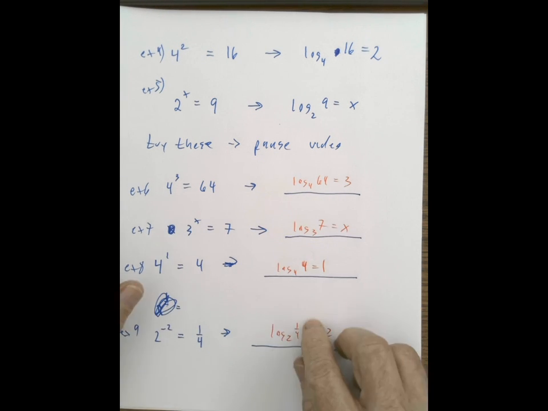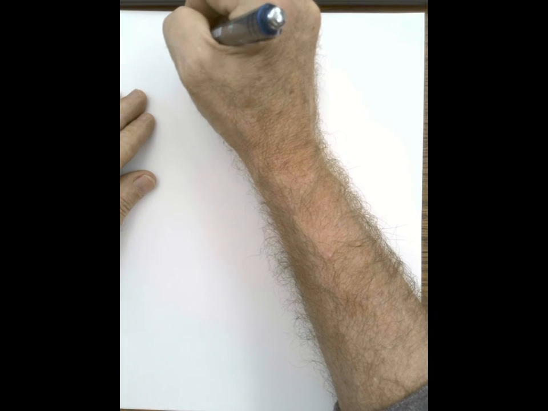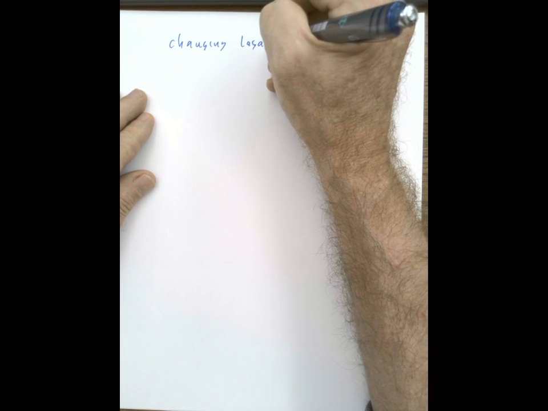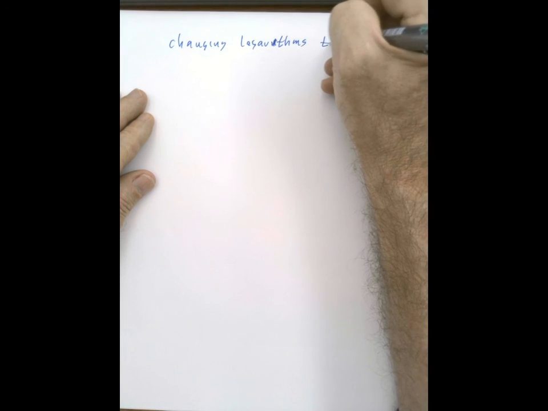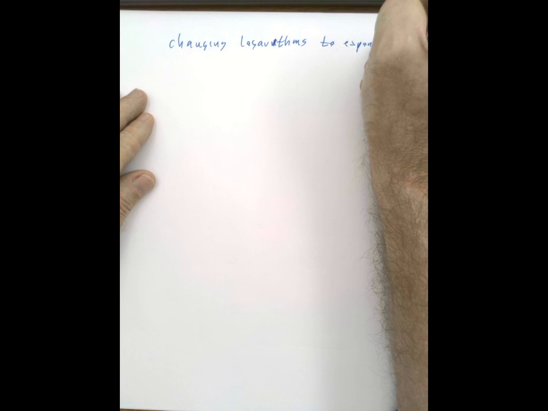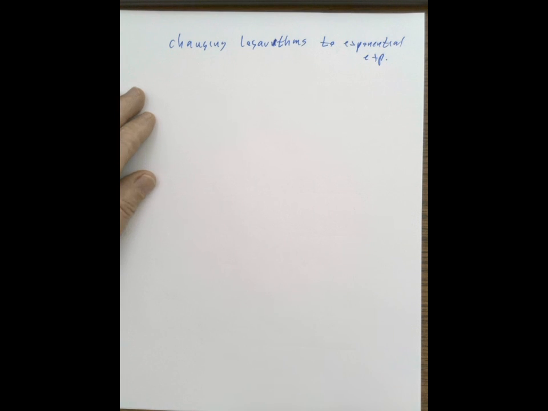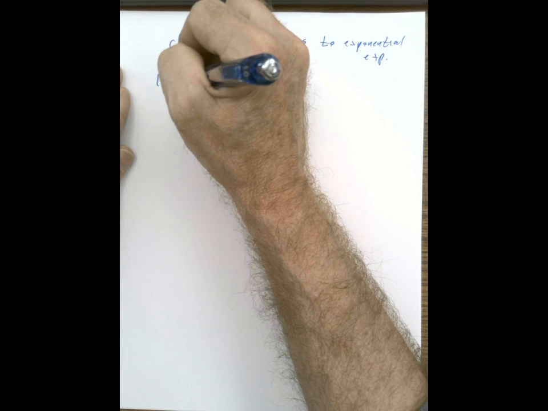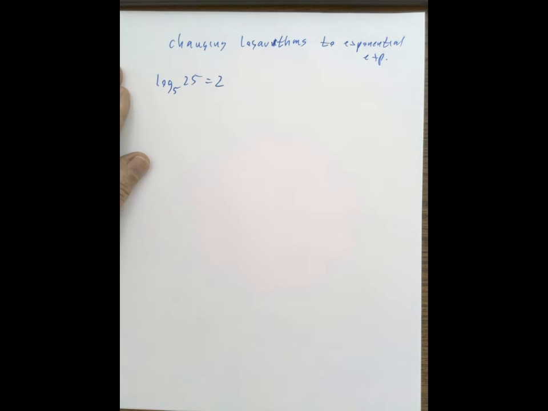Now, of course, we want to be able to do it the other way around. Okay, so this is changing logarithms to their equivalent exponential expressions, right? So let's start with a logarithm. How about log base 5 of 25 is equal to 2. Okay, that's 1.